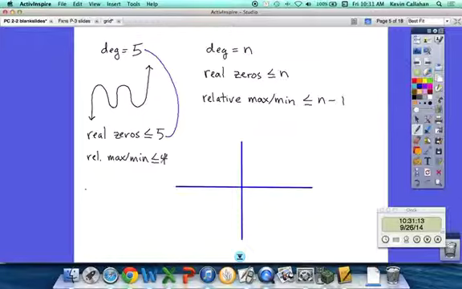That could only be 4. So the general formula for this is the degree is equal to the maximum number of real zeros. The relative maximum minimum is always 1 less than the degree, right? For a 5th degree, you could have 4 turning points, or relative maximum or minimum.